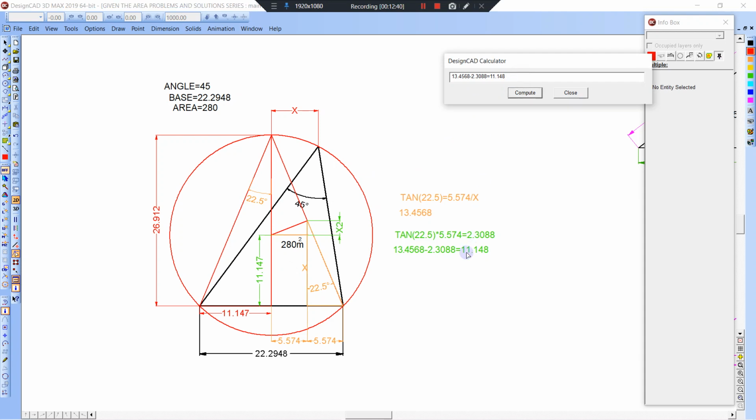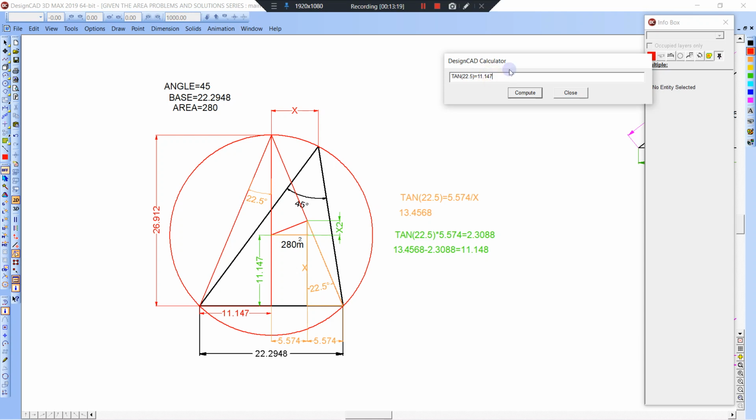So we did this. Now we have originally, let's go back to the red. We're going to do this, solve for this one, right? We know tangent of 22.5 equal to 11.147, which is this part of the leg. We're looking for this leg now, right? Divided by x. And x goes to the top, 11.147 stays at the top here.